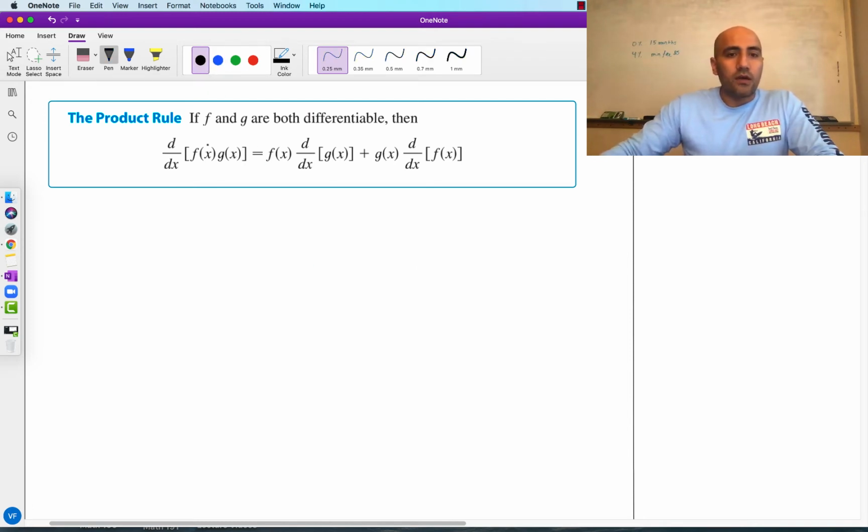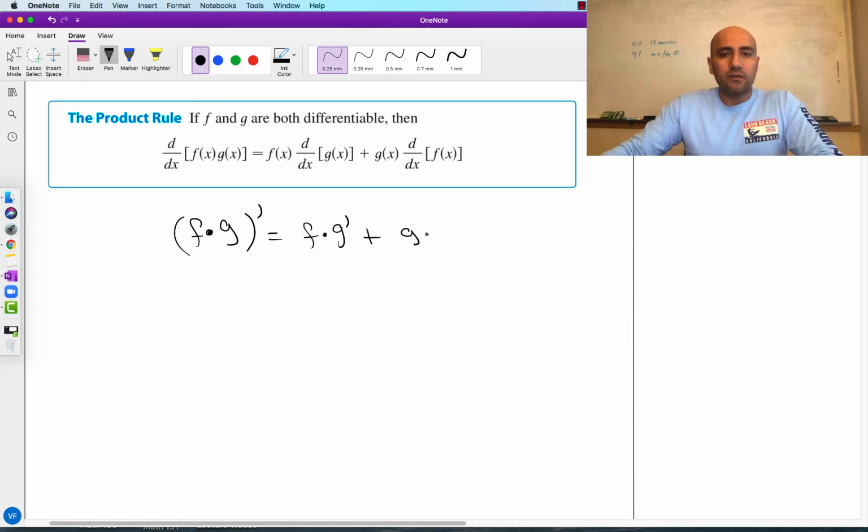Okay, so another popular notation for this is to say the following. Remember we have a lot of different notations in calculus, so we could say f times g, prime. Remember that notation, meaning that this is the derivative? The derivative of this multiplication is equal to f times g prime plus g times f prime.